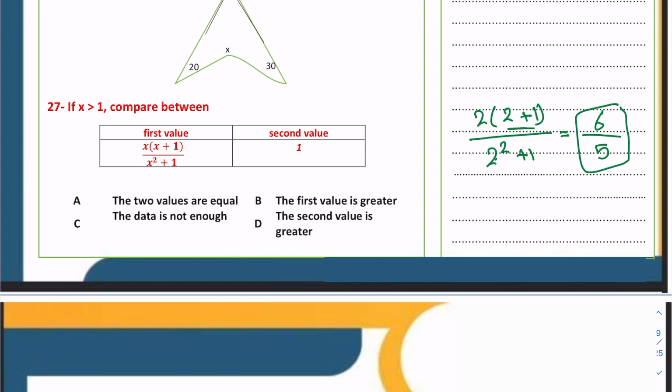If the numerator is more than the denominator, this fraction is more than 1. It will be 1 point some decimals. So the first value is more. If I change it and choose 3 or 4, you will have the same answer, okay?